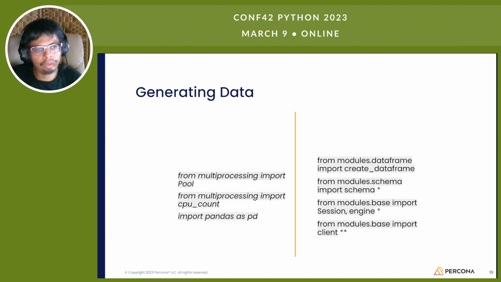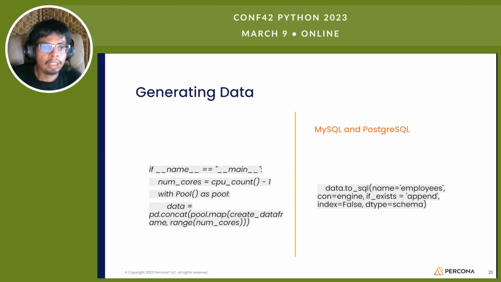We need to get the number of CPU cores available by calling the CPU count method. We need to import pandas as well as some of the methods available as part of the modules that we created before, including the base.py, schema.py, and dataframe.py, by calling some methods available there.